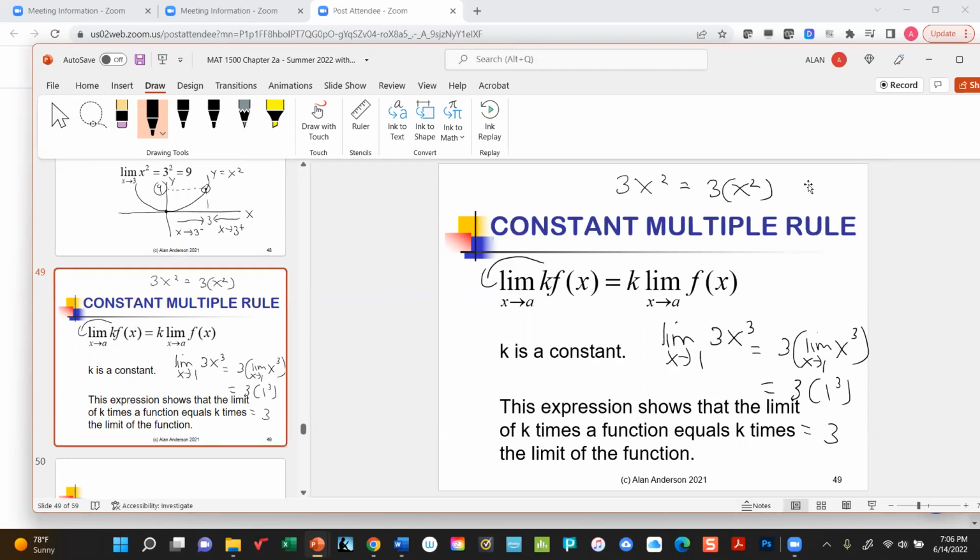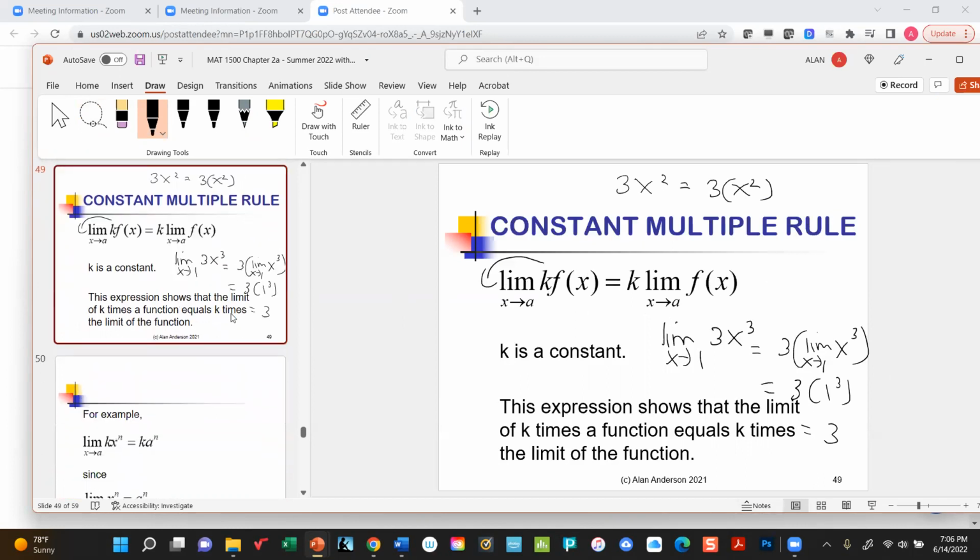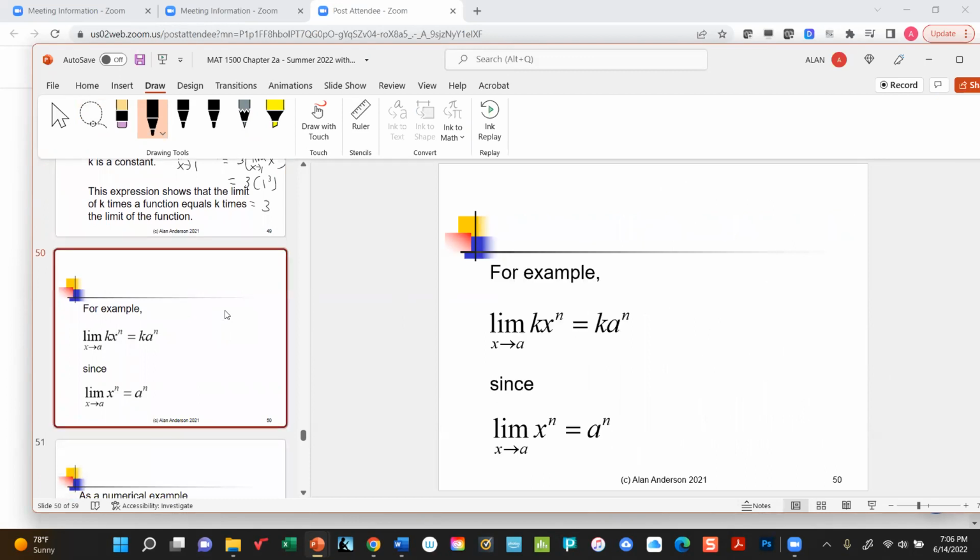So we call this the constant multiple rule because we're multiplying the expression by a constant, which implies that something like this, the limit as x approaches a of k x to the n power, once we substitute a for x, we end up with k a to the n power.